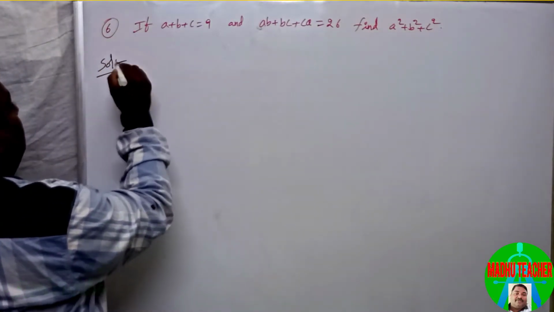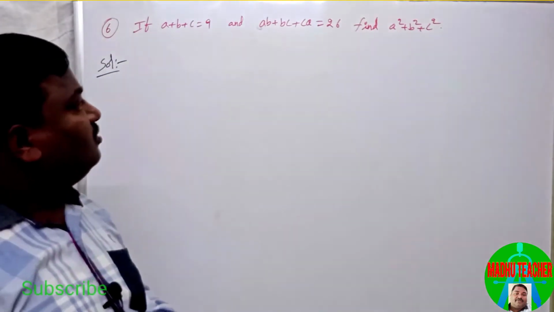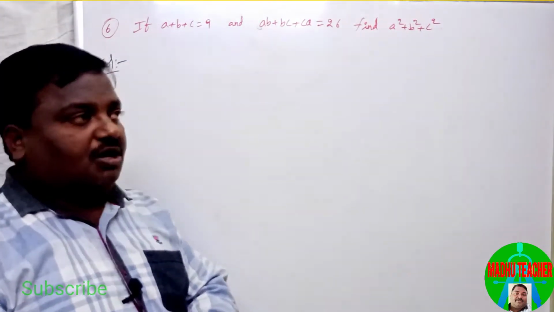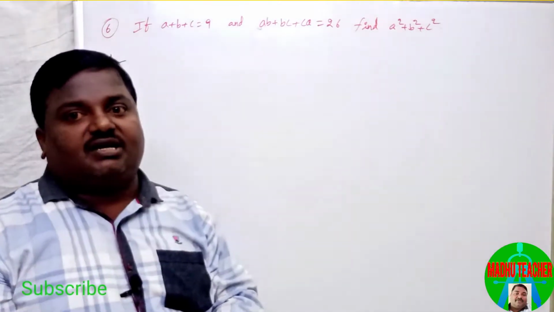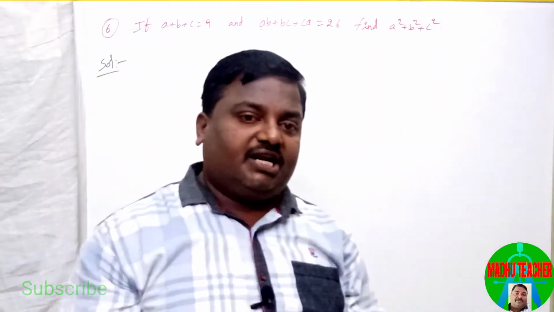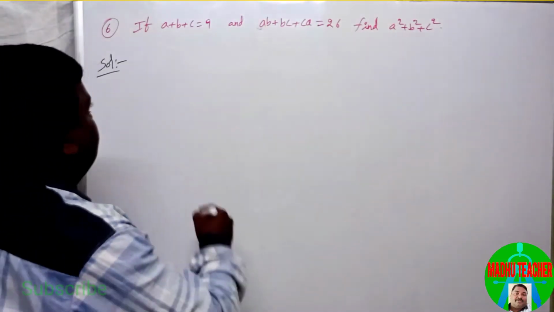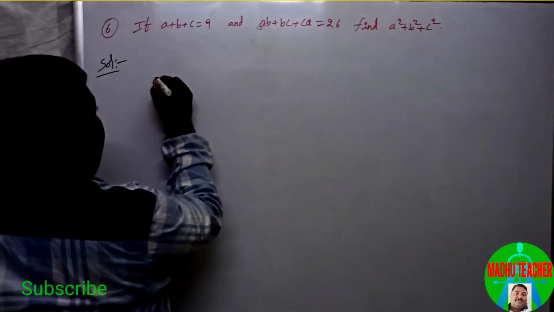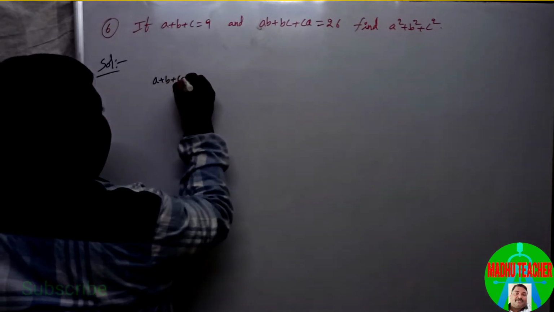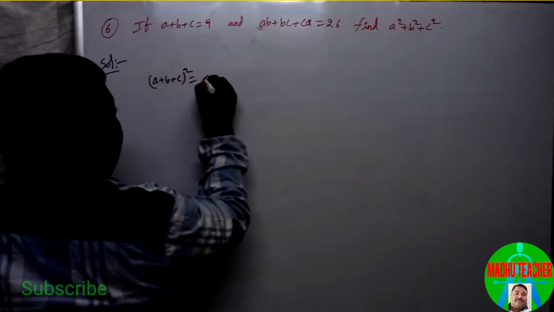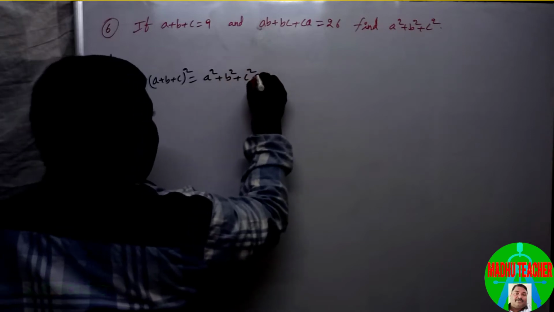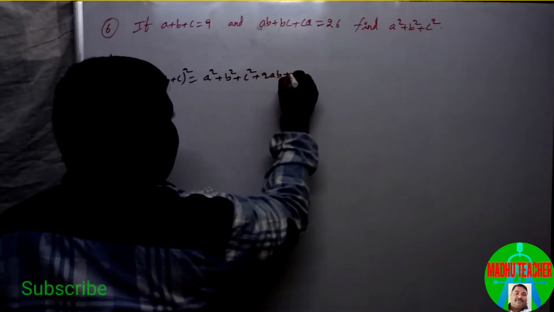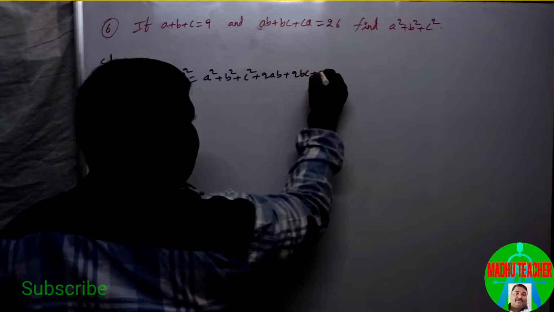Okay, first of all you have to observe the problem. All these terms we can see in one identity, that is (a plus b plus c) whole square equal to a square plus b square plus c square plus 2ab plus 2bc plus 2ca.